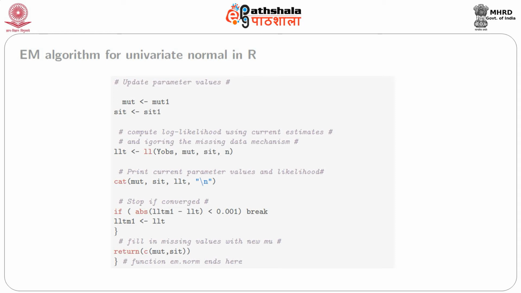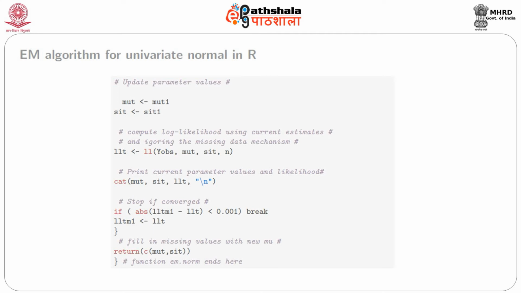Once these are replaced, we can find the log likelihood of the current values. That becomes LLT, which is LL of y observed, MUT, SIT, n, and then we can print the value of MUT, the value of SIT, the value of LLT, and the slash n is for a new line.